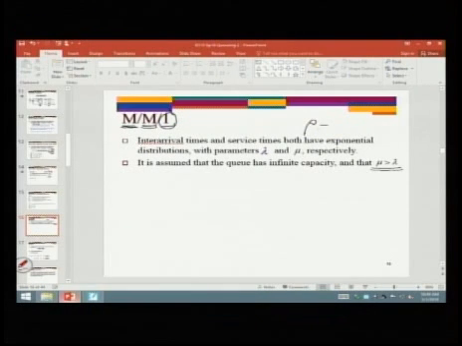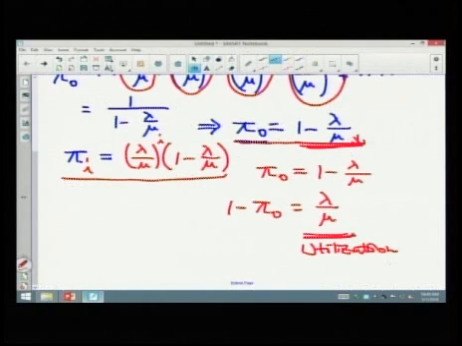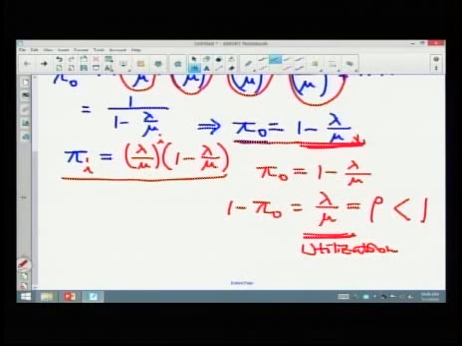I mentioned rho is lambda over mu, right? So going back to here, this is the same as rho, right? Which is less than 1. So obviously, in the MM1 system, server utilization is less than 1. That makes sense, right?